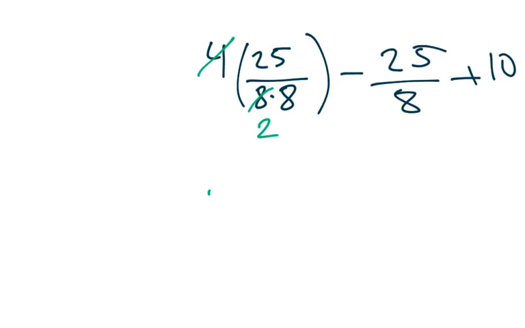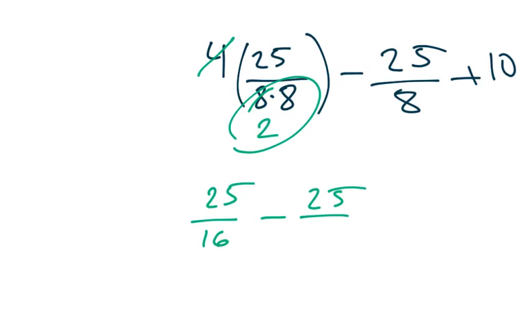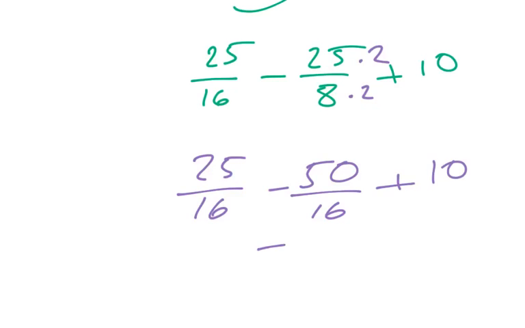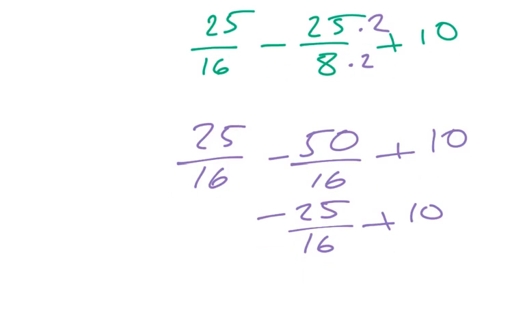So this leaves me with 25 over 16. Hopefully that's apparent. 2 times 8 is 16, minus 25 times 8, plus 10. I have to find a common denominator to subtract fractions, so I'll multiply top and bottom by 2. So 25 over 16 minus 50 over 16 plus 10 gives me negative 25 over 16 plus 10.